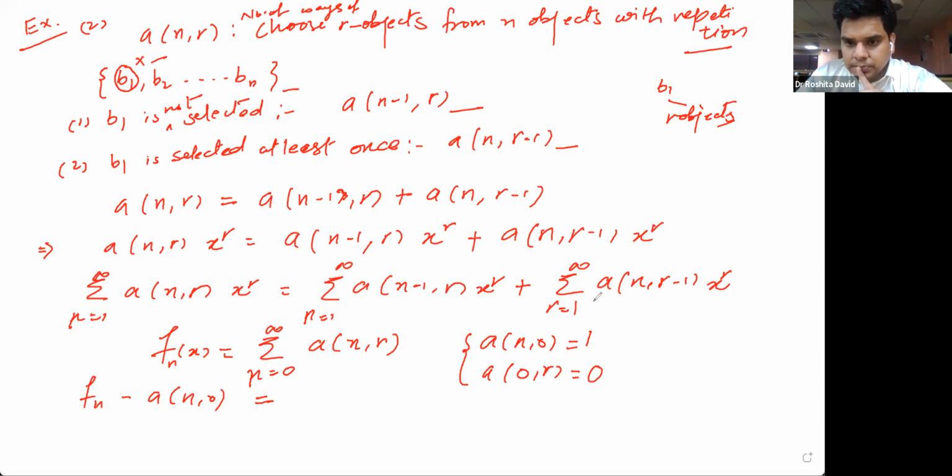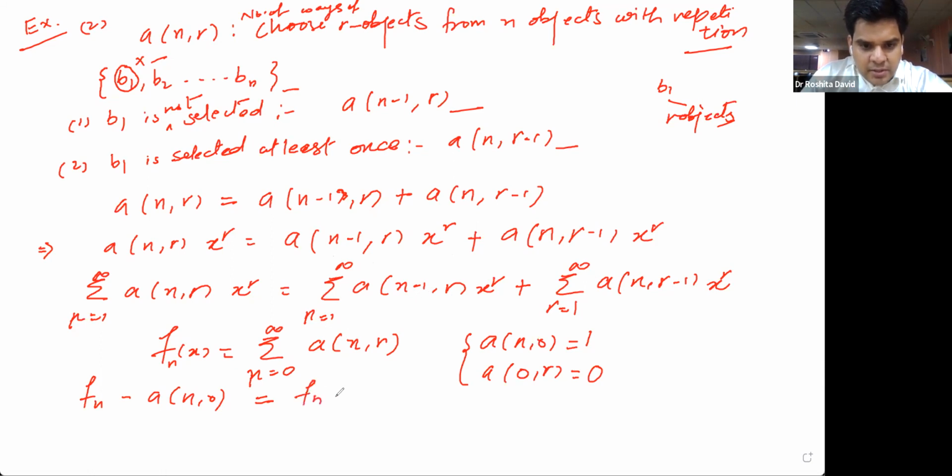Okay, here we have r and r minus 1. So I will convert this power as r minus 1. I will take x outside here. So this is representing f.